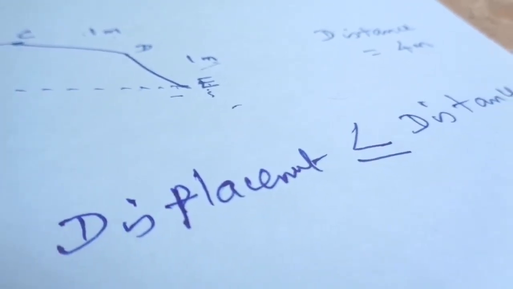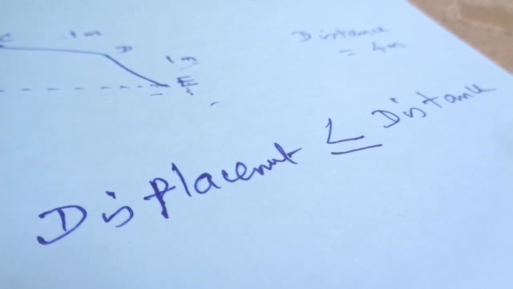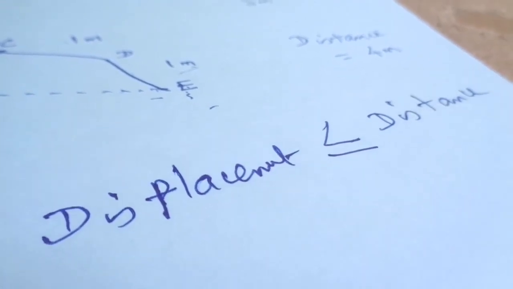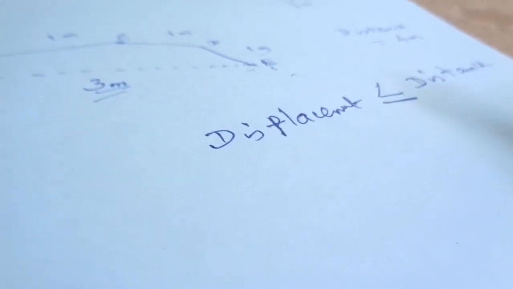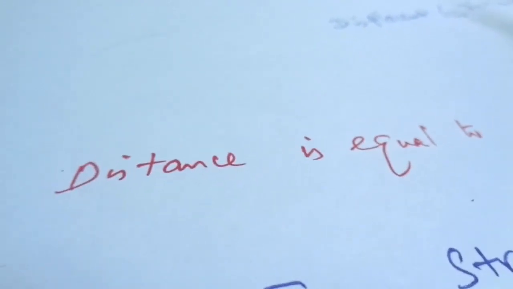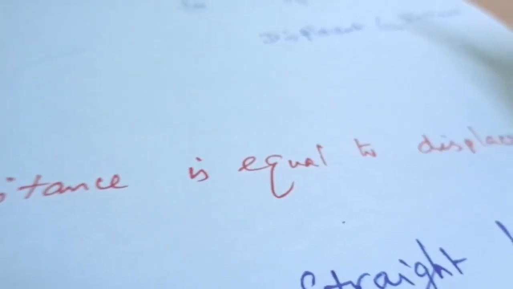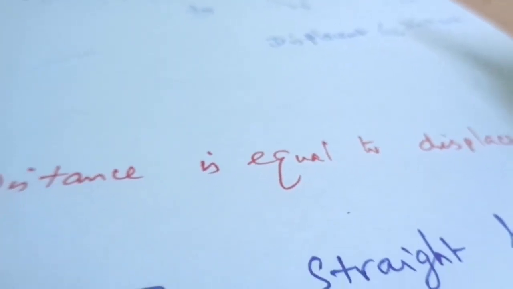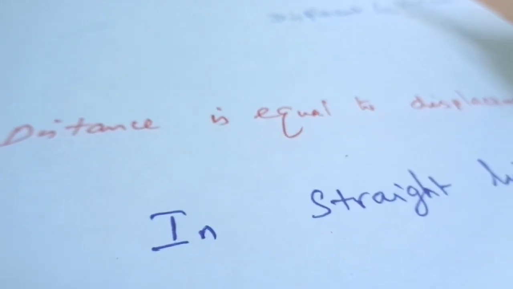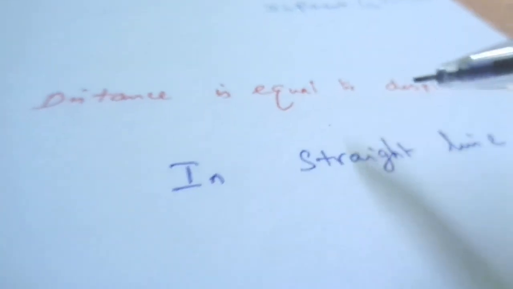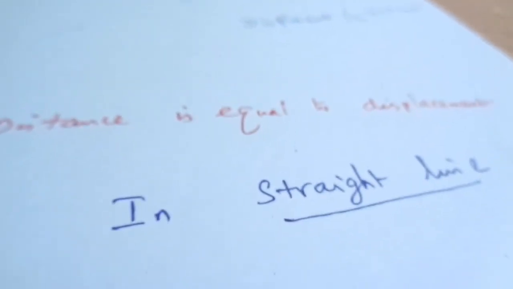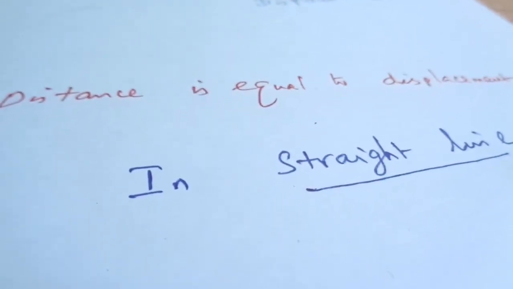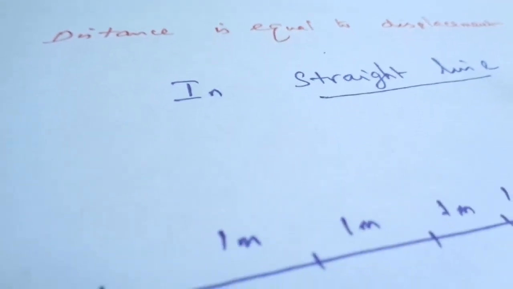This is the condition. Next, when is distance equal to displacement? If it is a straight line, then they are equal.